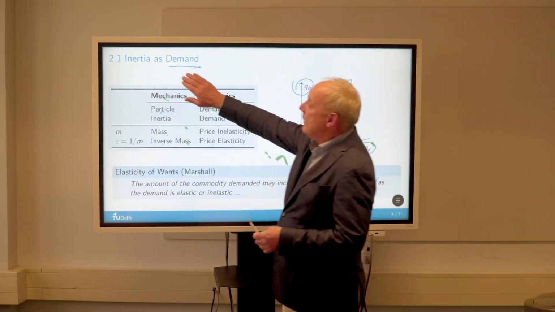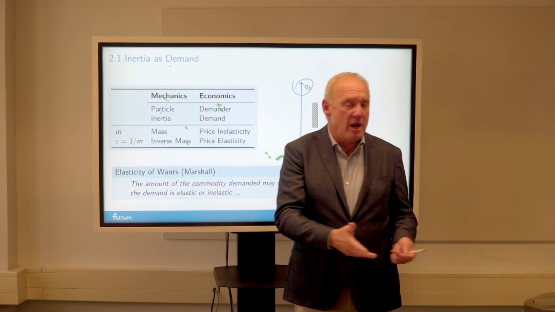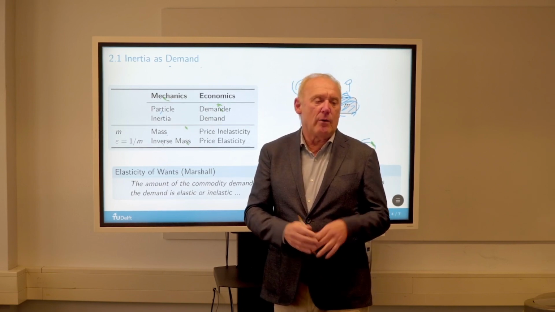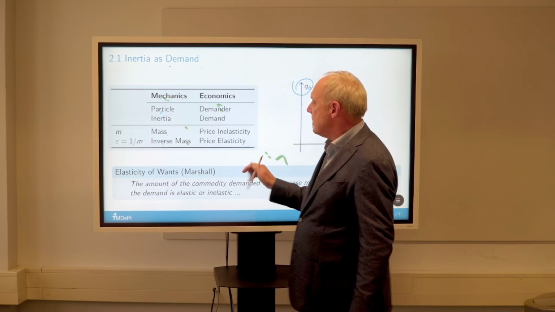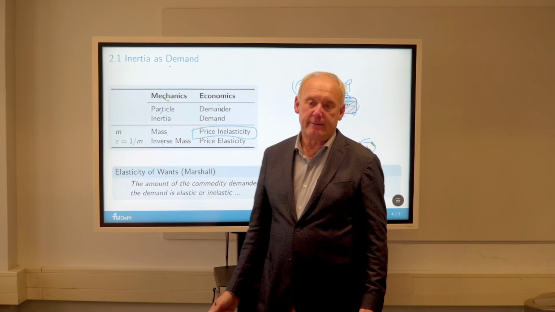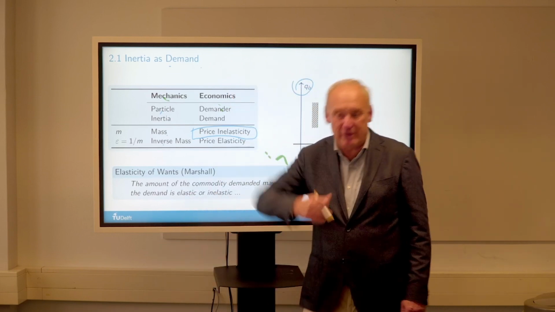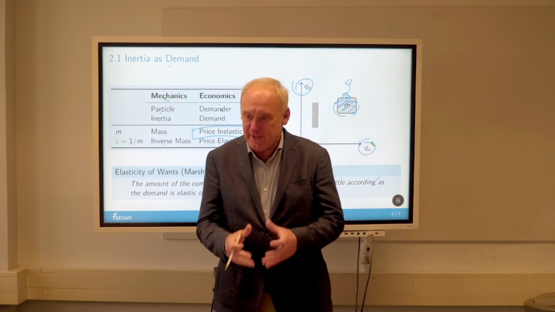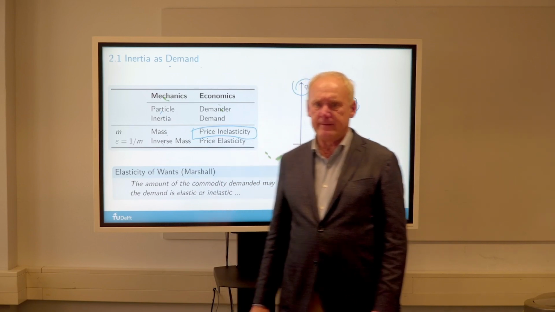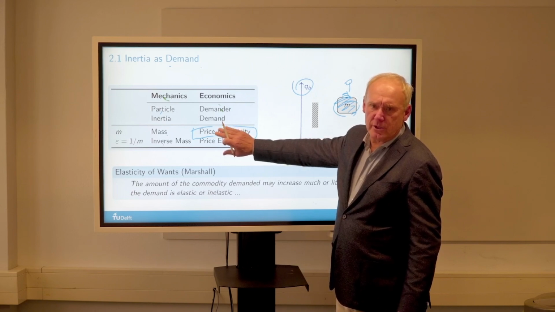In the same way, we're going to have demand, that's the phenomenon, and the amount of demand that is there. We will find out that the right measure is the price inelasticity. The inverse of the mass is the price elasticity. So it makes it easier: if there is inertia, it's harder to change, so it's very inelastic. That's the intuition. This is going to correspond to this.